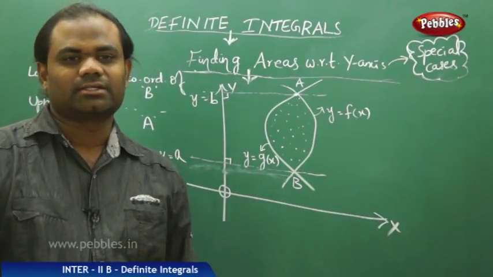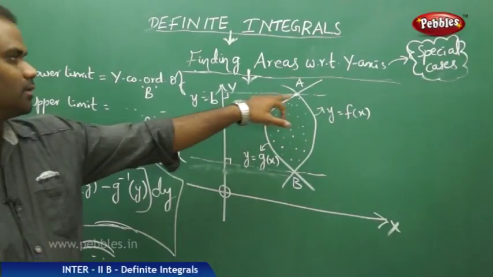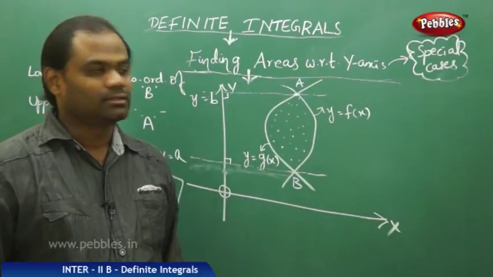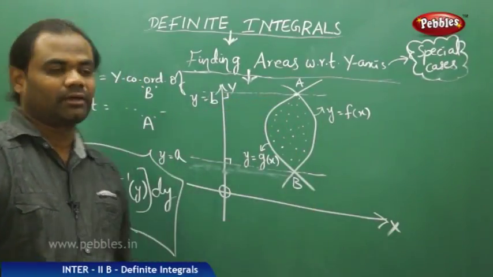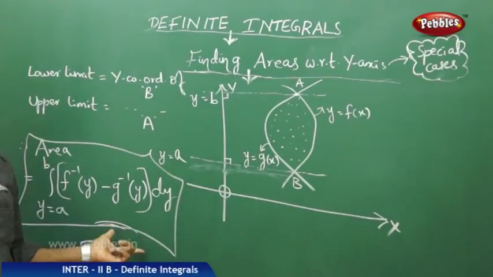So finding the areas in this special case where no limits are given, but we use the points of intersection to derive the limits, is given in this form.